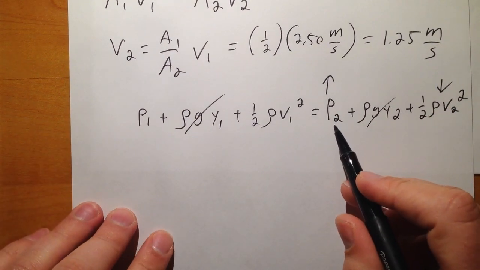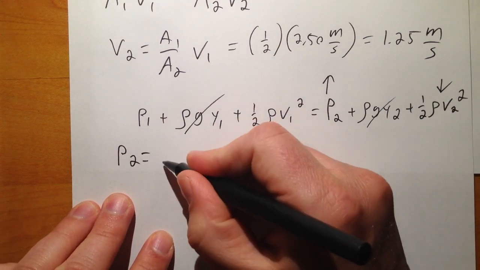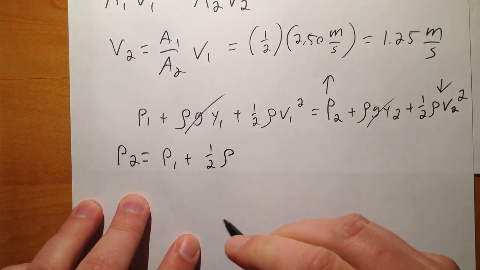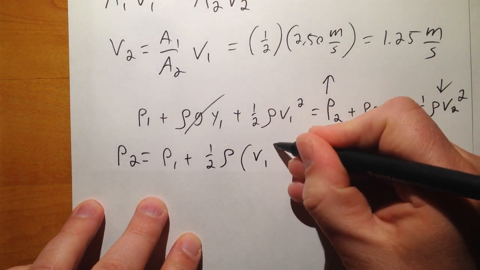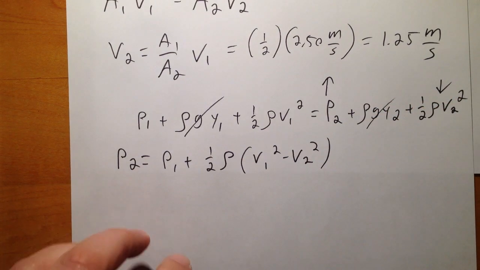So I want to solve for P2. P2 is equal to P1 plus 1/2 our density times V1 squared minus V2 squared. I skipped one quick algebra step there, but I think you can find that solution.